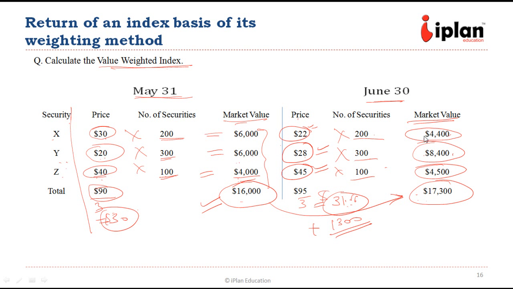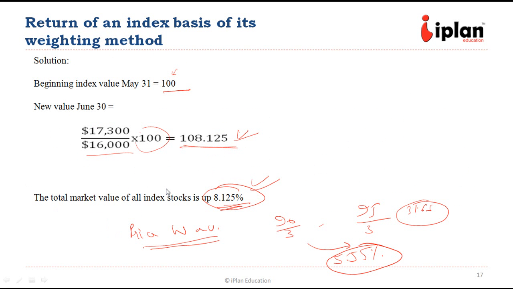So this impact is going to be more, while in the case of the price weighted average the change in Z is going to be more prominent. Since this rise was small, the rise in the price weighted average was small, since Z is most important in the case of the price weighted average. That is why the number for the price weighted average index is just 5.55%, while for the market value weighted average it is 8.125%.